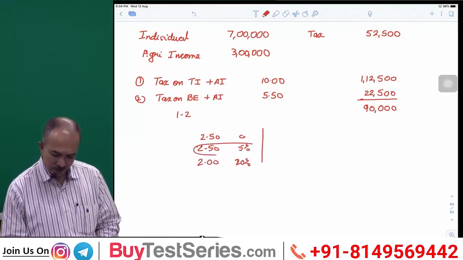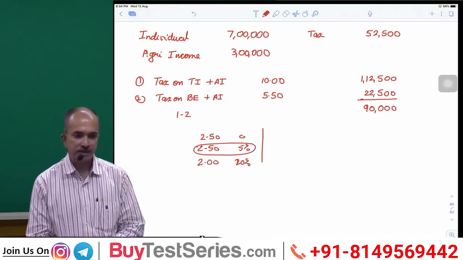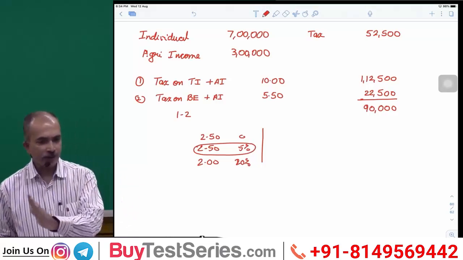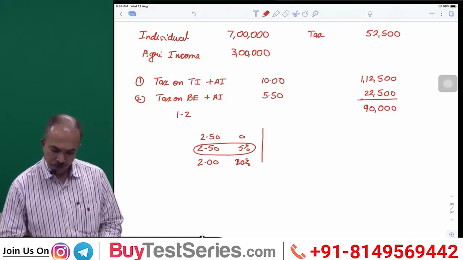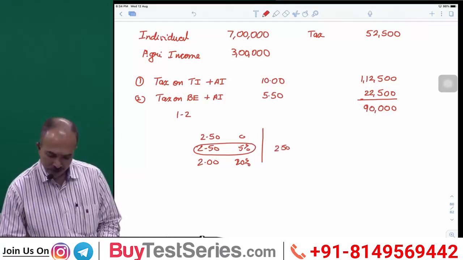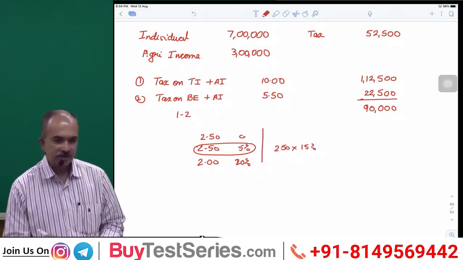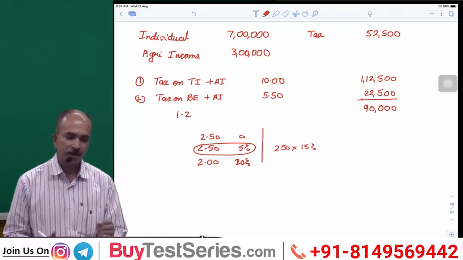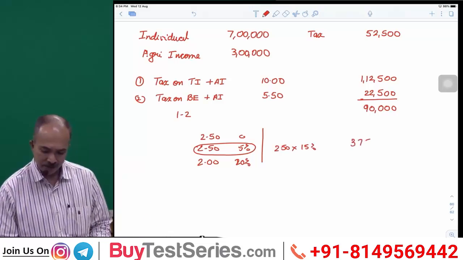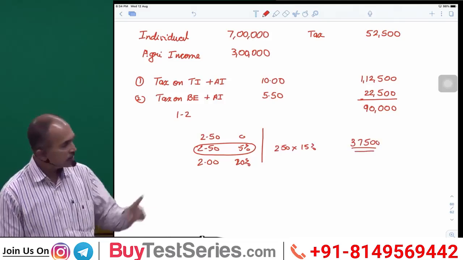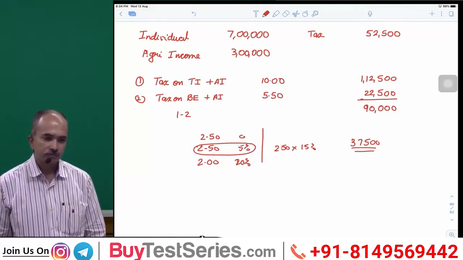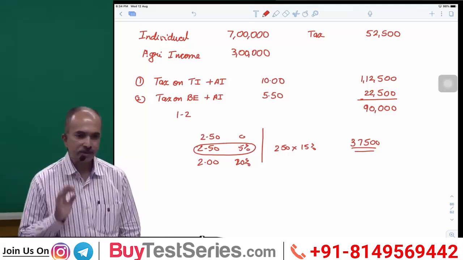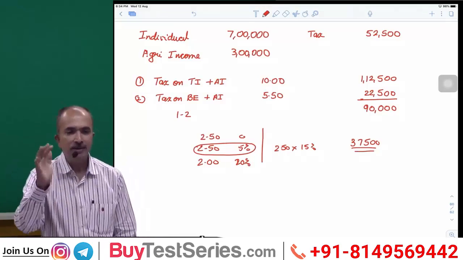This 2.5 lakh which was taxed at 5% is being shifted to the 20% bracket by putting the aggregation. So this 2,50,000 15% difference calculate कीजिए. 2.5 lakh पे 15% कितना आता है? 37,500. Exactly the difference between the two taxes.